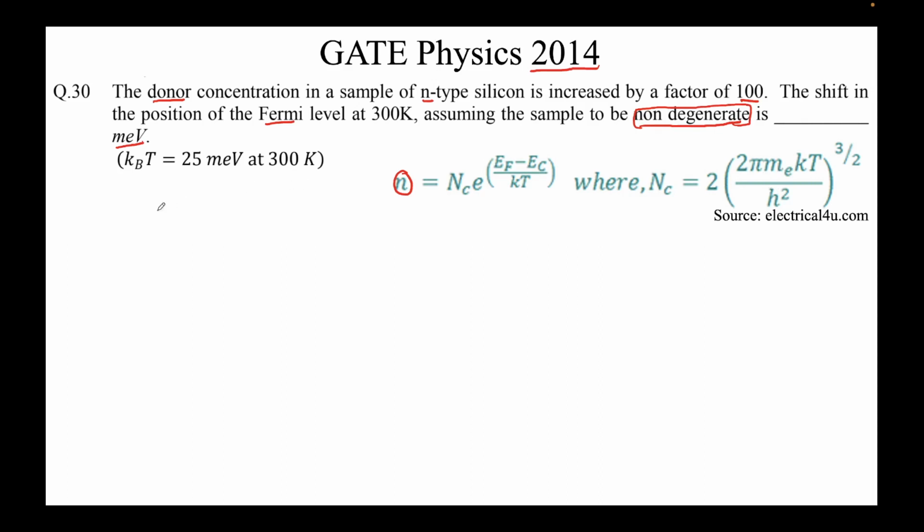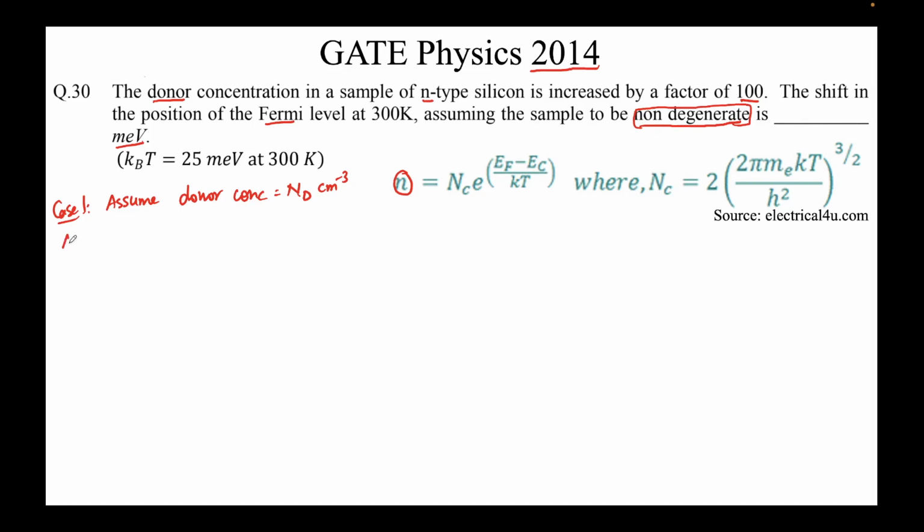So now let's say case 1, assume donor concentration is equal to Nd per centimeter cube.